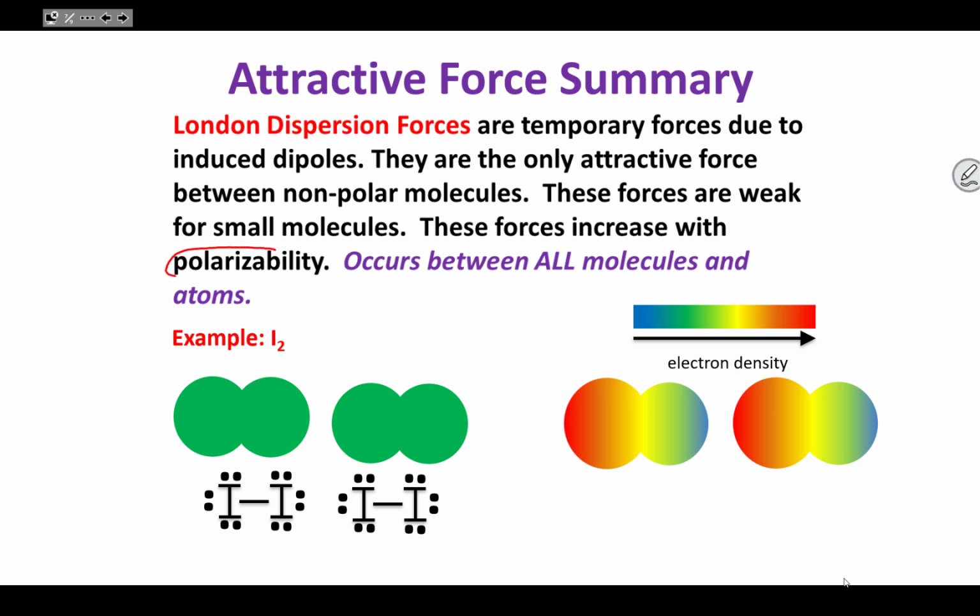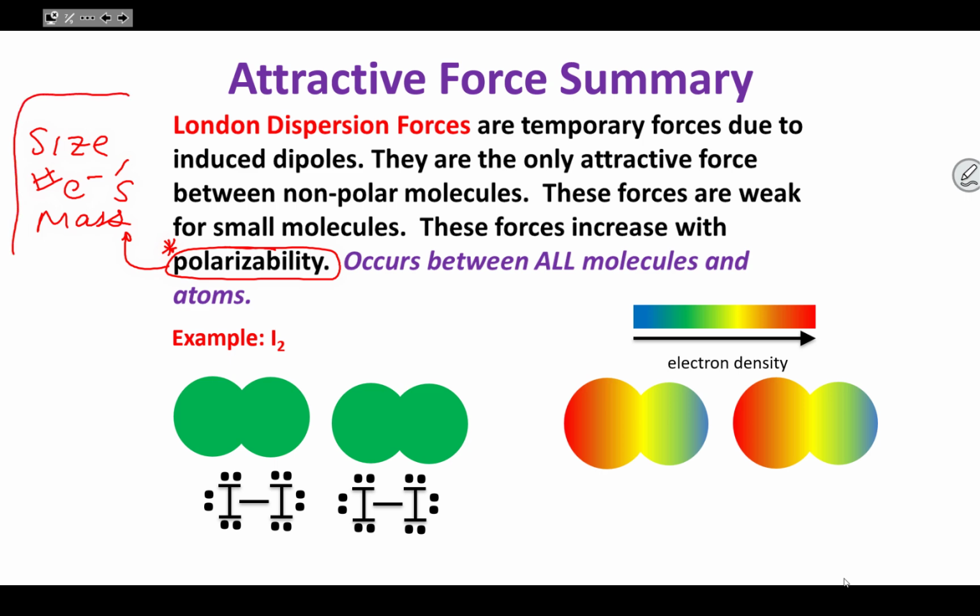What does that mean? Polarizability can kind of be referred to as electron flappiness, and polarizability is going to increase with size. It also increases with number of electrons, and these all go hand in hand. Number of electrons and mass. So you don't really have to think about polarizability being electron flappiness.